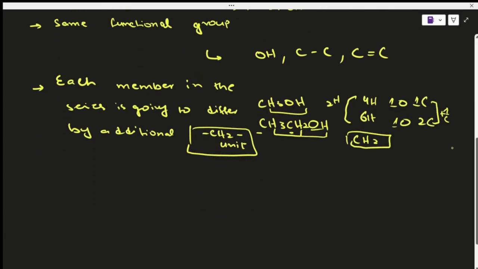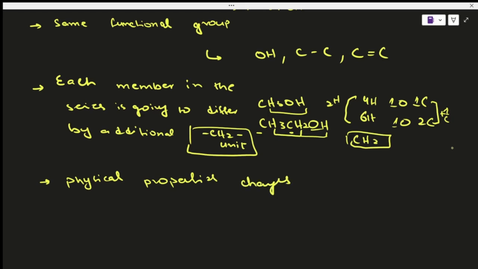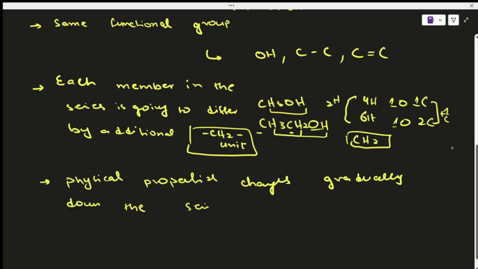Now the next point is that the physical properties change gradually down the series. Again, what is included in the physical properties?